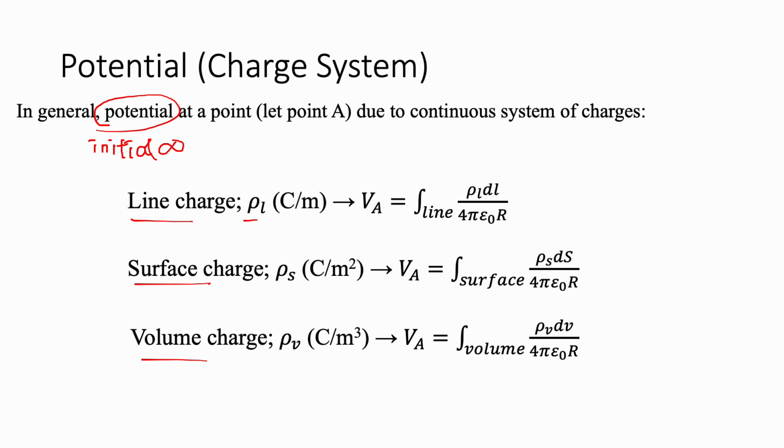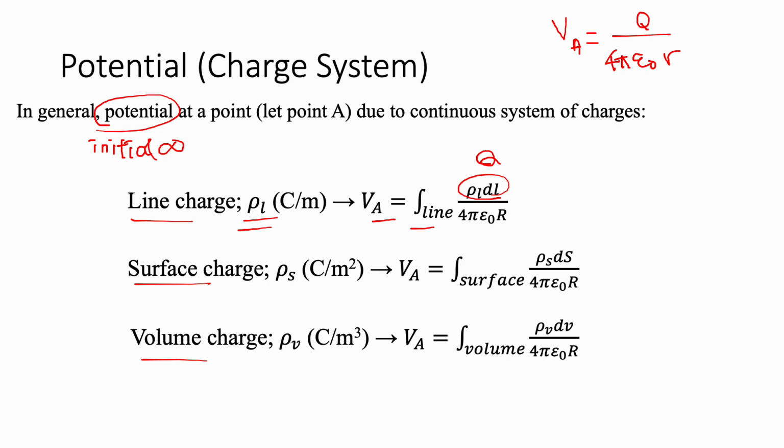So to measure for the line charge, your VA for the initial absolute potential, where your initial position is at infinity, the equation for point charge will be Q over 4 pi epsilon naught R, right?